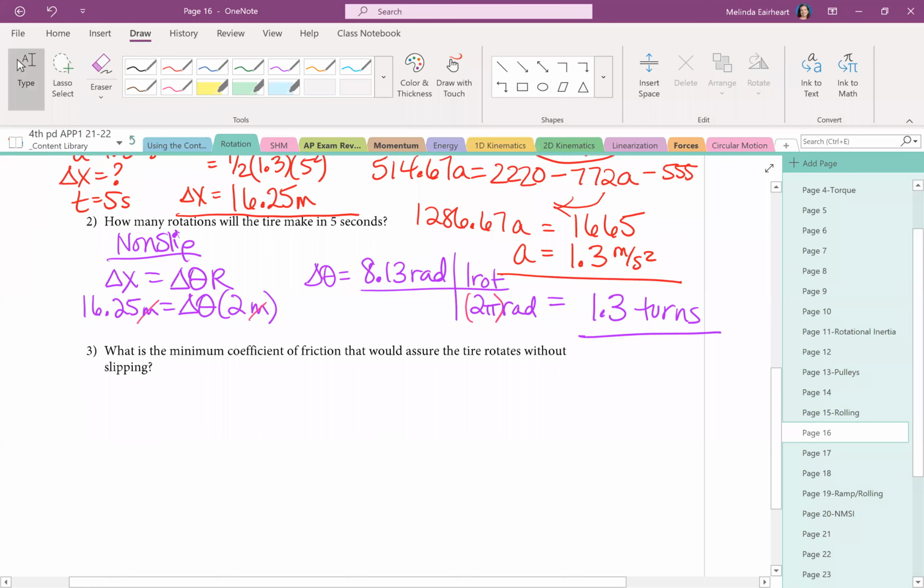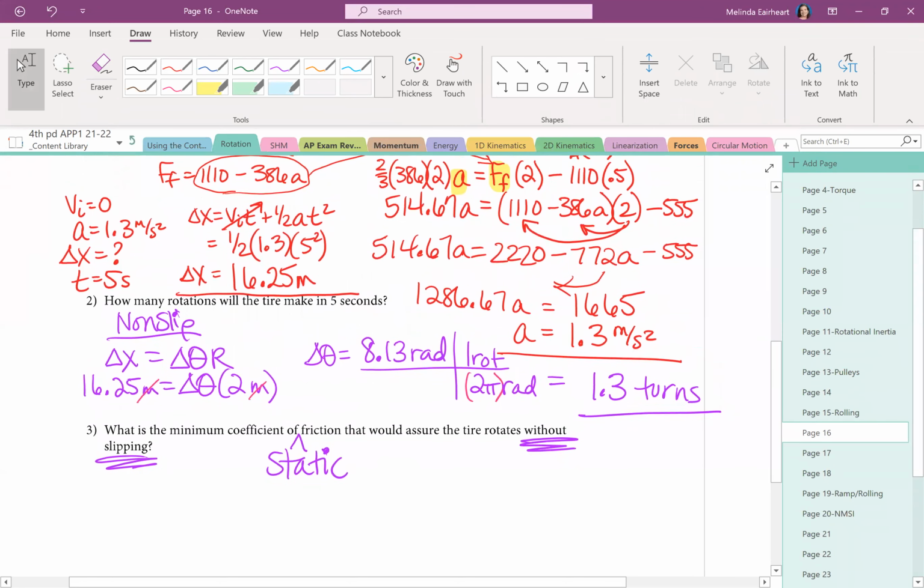Part 3, what is the minimum coefficient of friction that would assure that the tire rotates without slipping? So there's that verbiage again. And a reminder, what kind of friction are we talking about here? Static, gripping, not slipping, okay? And so we just had an equation up above that we solved for friction.